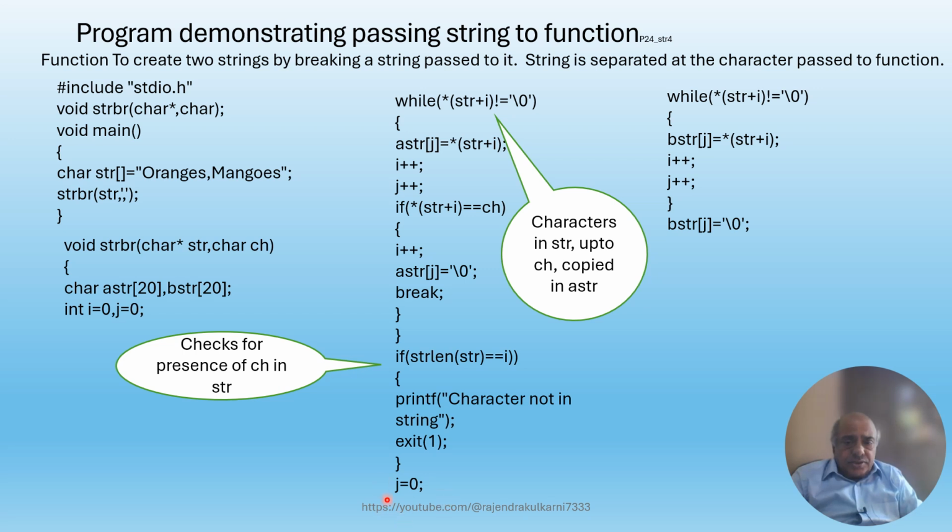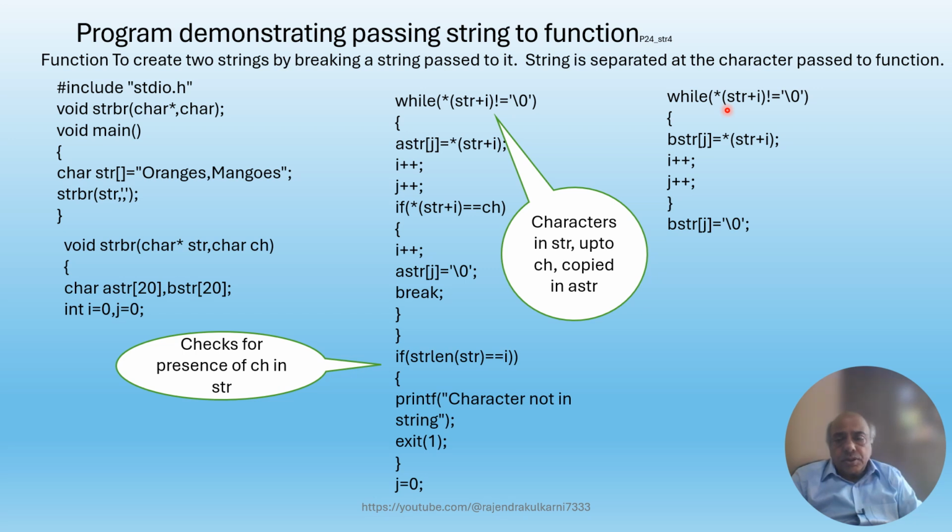We have initialized j to 0, but i has not been initialized to 0. i has already reached the character comma through the previous while loop, and then we are going to check further characters pointed to by str plus i, which will be the characters after comma.